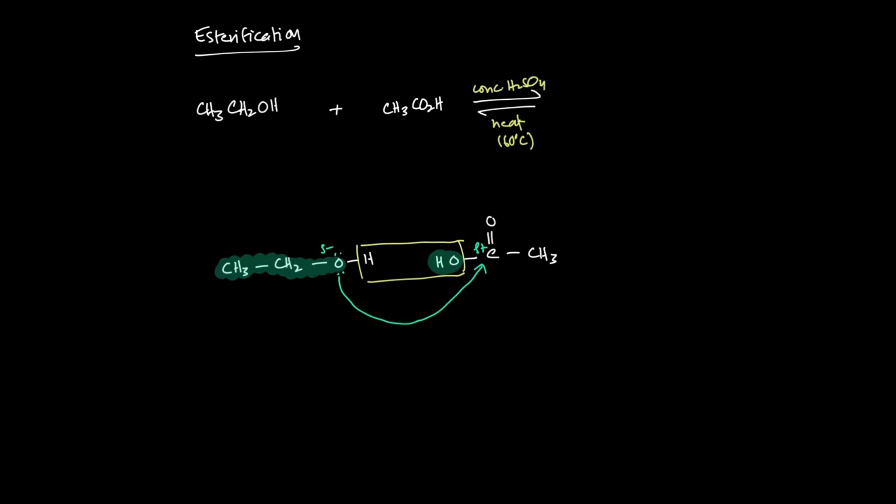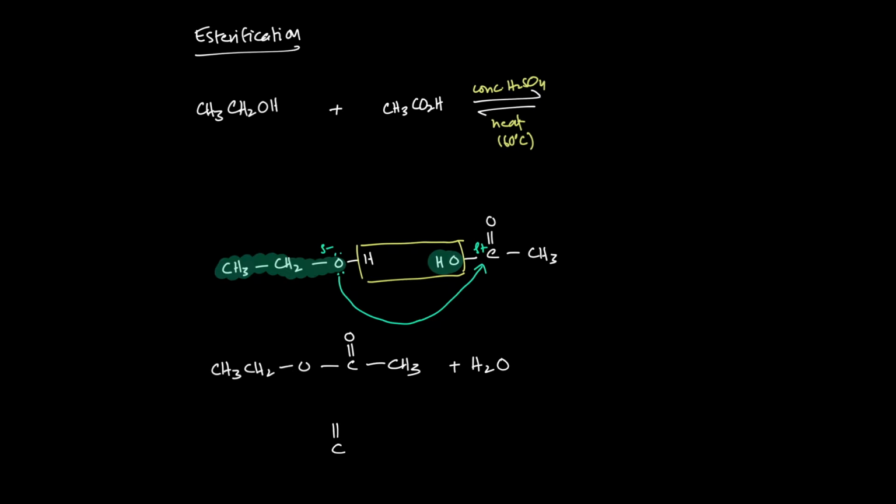So if you had to draw the final structure, what would happen? This CH3CH2O will end up bonding to the C double bond O, right? And that will be the ester that you're making, and you're also going to make water. So now what you end up making is an ester over here. This is called the ester linkage.